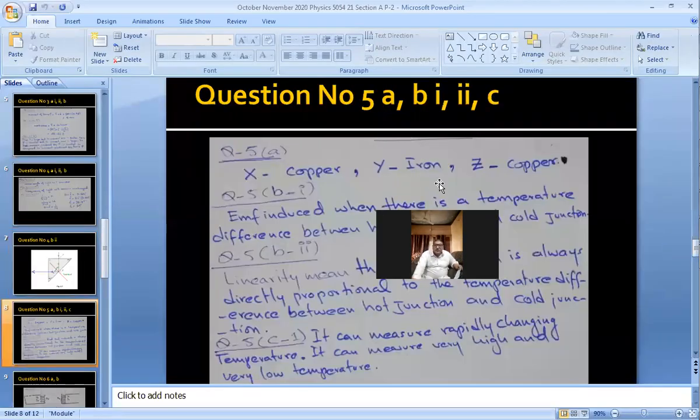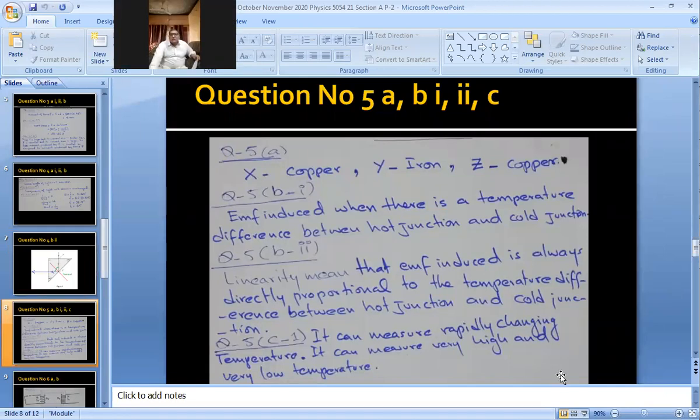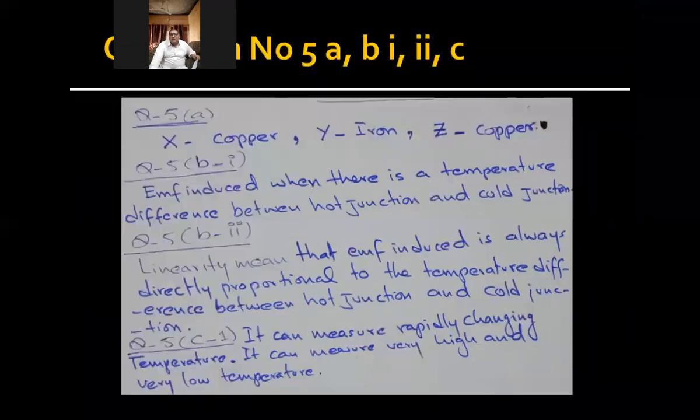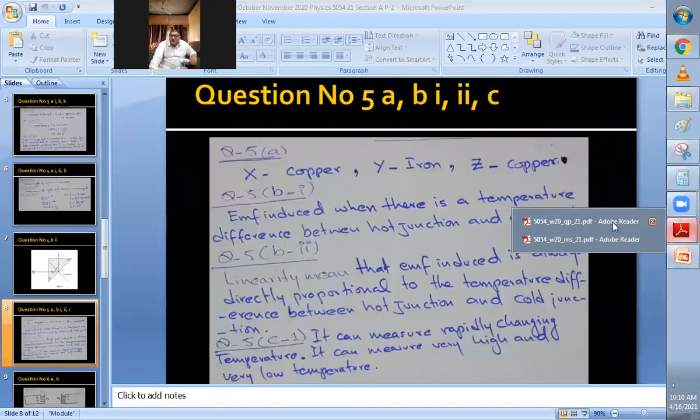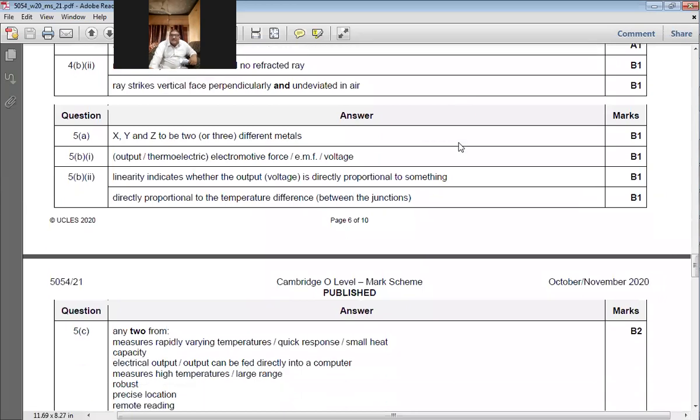Okay, so X is copper, Y is iron, Z is copper. Question number 5B, first part. EMF induced when there is a temperature difference between hot junction and the cold junction. So let me show you the marking scheme.